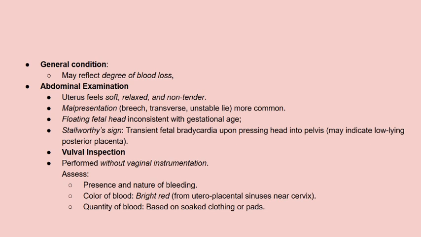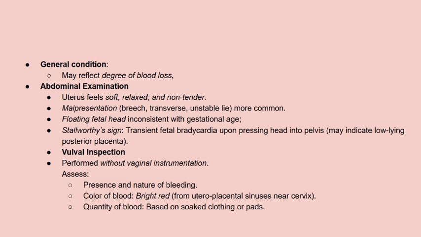So you may see lethargy, you may see pallor, you may see cold, clammy extremities. On cardiovascular exam, you may see tachycardia, hypotension. So it's very, very important to determine how much blood loss has occurred, and it may reflect the clinical state of the patient. When you examine the abdomen, the uterus is usually soft, relaxed, and non-tender.